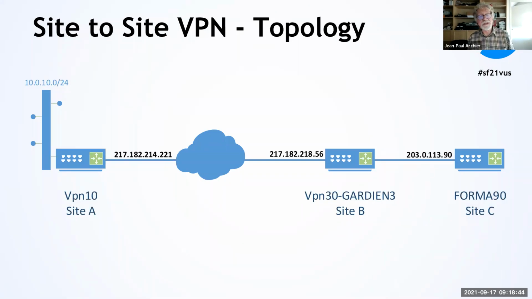We will use mainly two sites, site A and site B, linked with a pseudo internet network and without any translation between them. There will also be a third site, site C, which is behind site B. So there will be some translation occurring between site C and site A, for example.